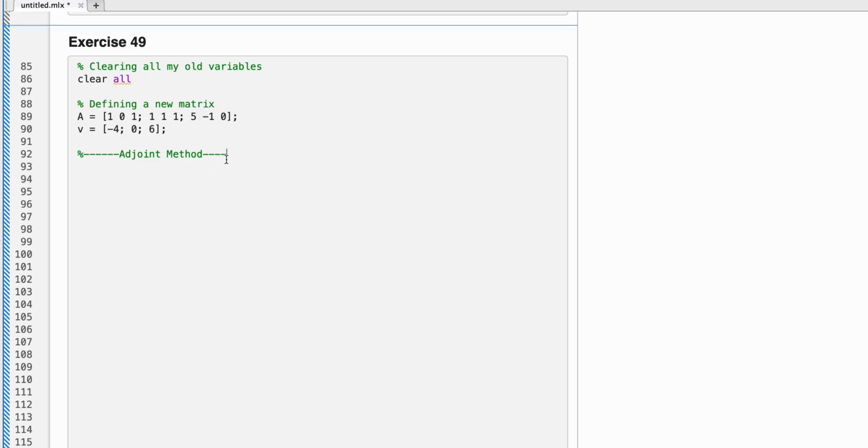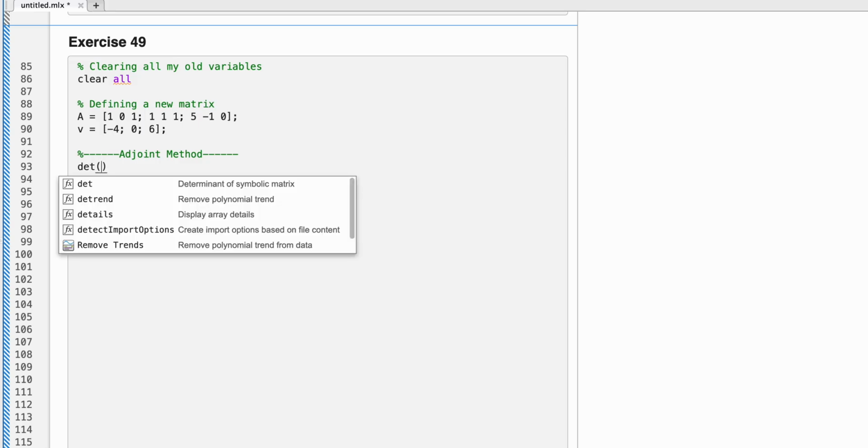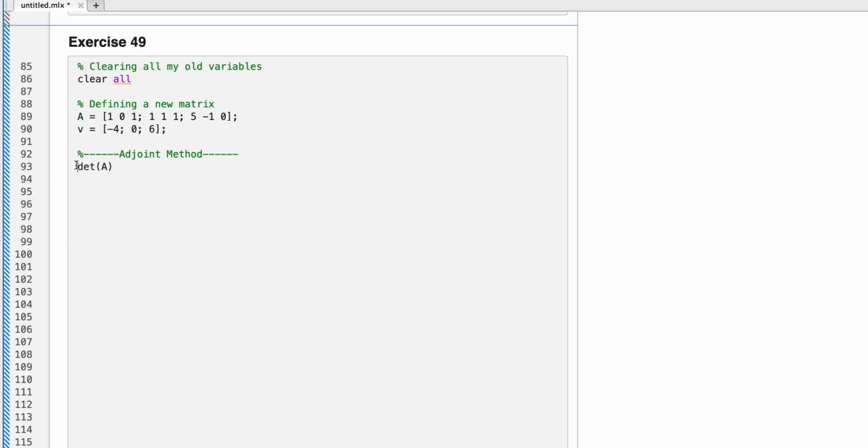So for the adjoint method, what are we going to do? Well, the first thing we want to do is check if A is invertible. So determinant of A, and we'll call this D. And if we let it go, we have something that is less than 0, so it's not equal to 0, which means it's invertible.